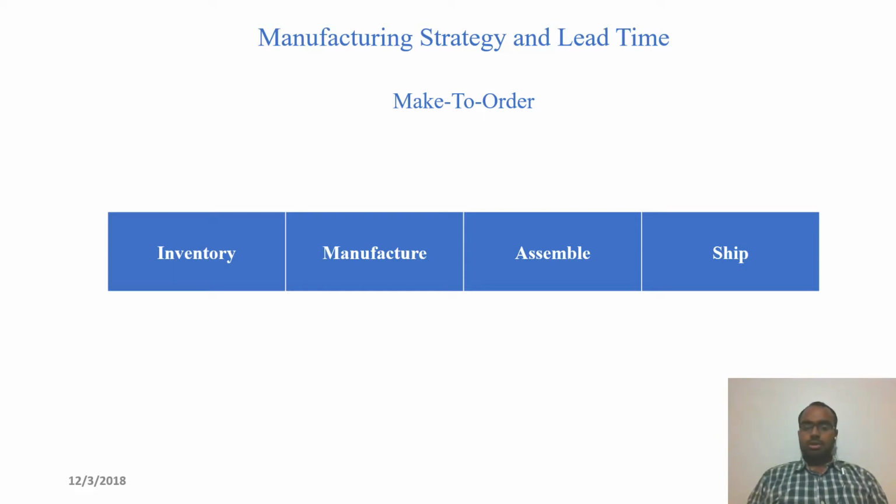So in the make-to-order strategy, you can see that the complete delivery lead time includes the time taken in order to complete the manufacture stage, assemble stage, and the ship stage. A typical example of this type of strategy is the Dell PCs. They offer highly customized PCs right from the raw materials so that the customer's requirements are matched most exactly according to their requirements.